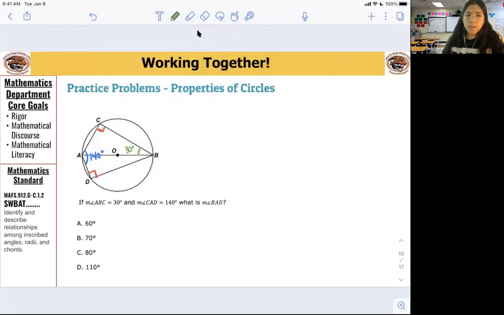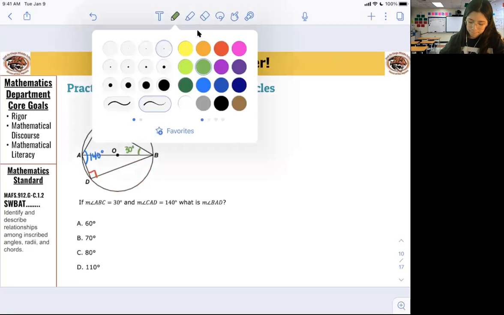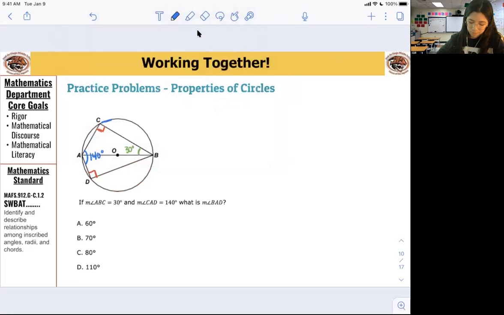CB. CB is 120. How do you know that? Okay. If we don't know, that's not a good answer. If you can't explain it, then you gotta think a little deeper.